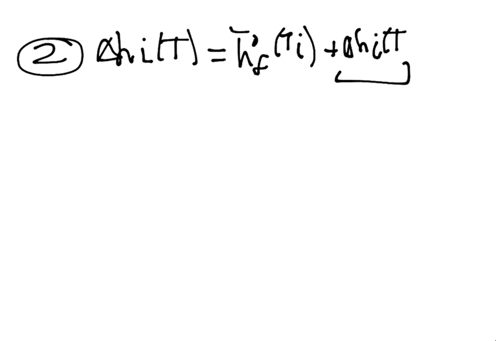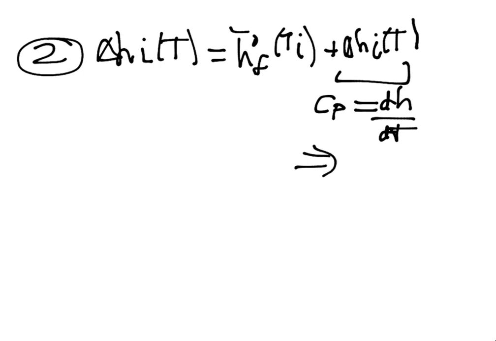Now, instead of writing our delta H_i(T) as we did prior, we are going to write this as a function of temperature. So we're going to look at Cp is equal to dh over dT, and we can rewrite this as Cp dT is equal to dh.